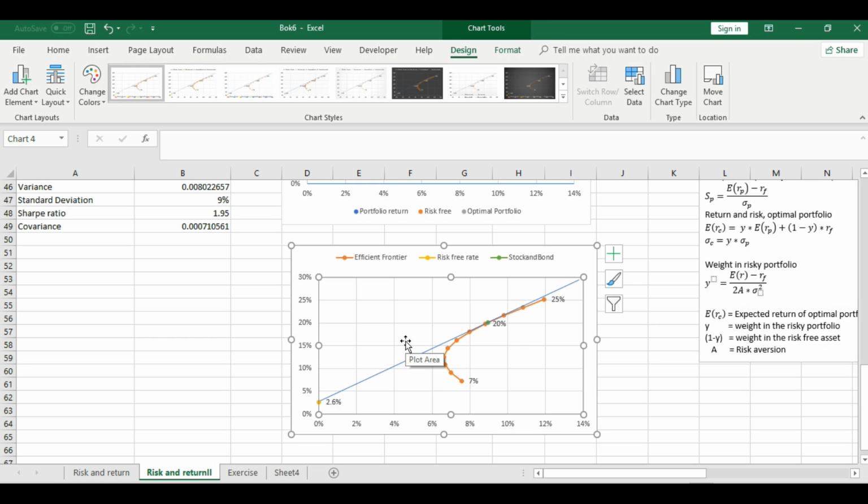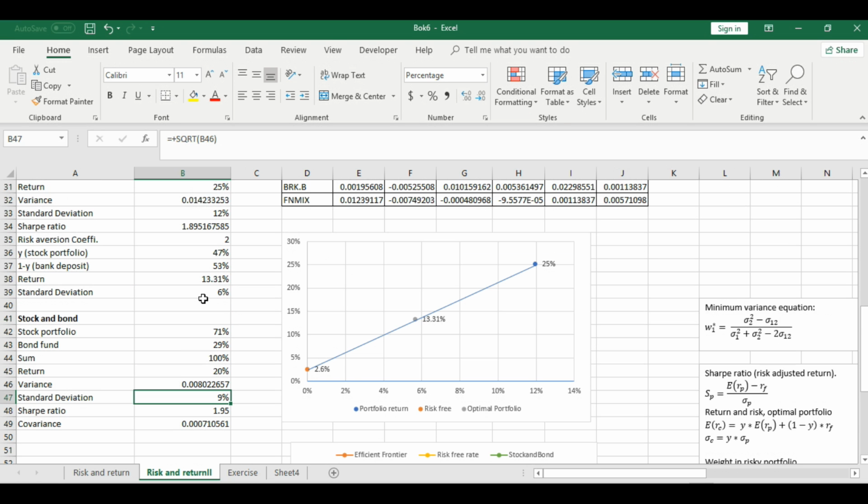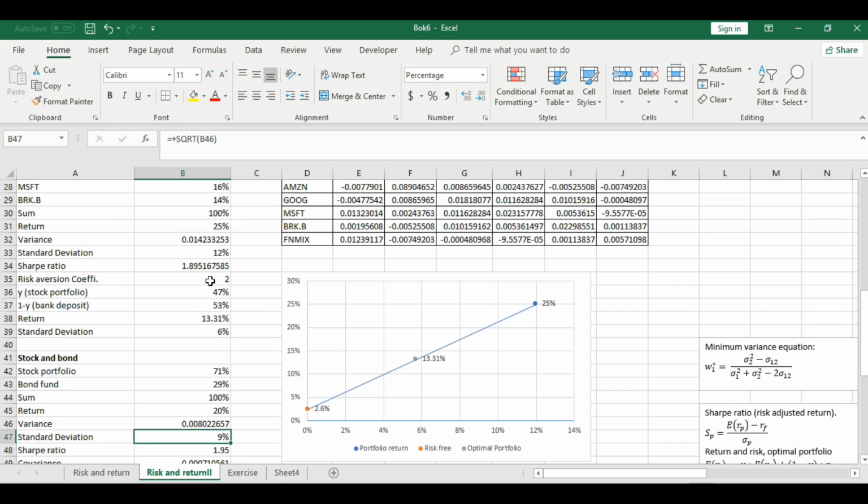Now we calculate the proportion of the total capital we want to allocate in this stock and bond portfolio, and the rest into the bank deposit. Assuming the risk aversion coefficient is still at 2, we will copy these rows.